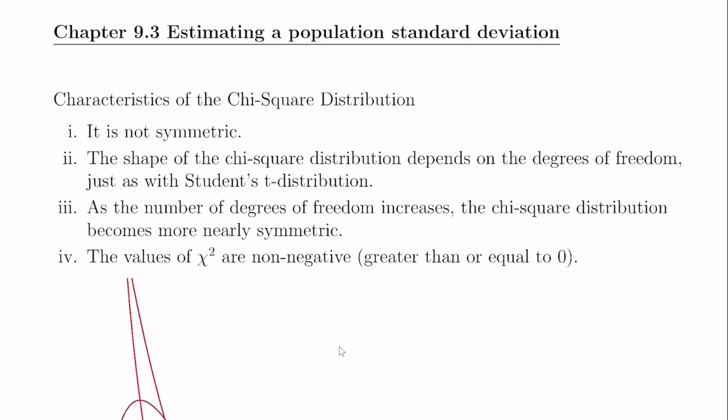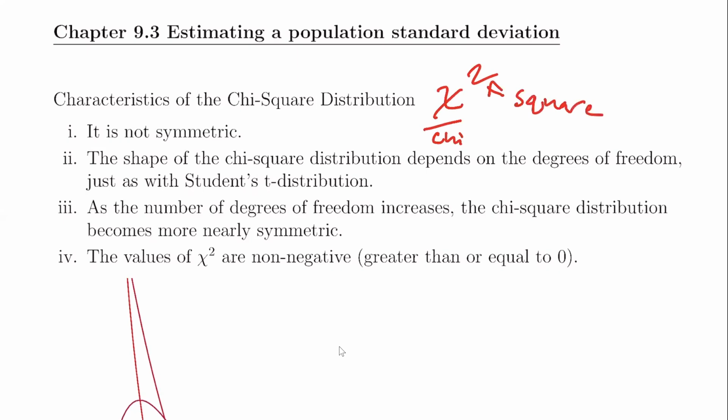One was the t table. The other was the chi-squared table. So for 9.3, you're going to be using the chi-squared table. Also, the symbol for chi-square looks kind of like an X with a square.